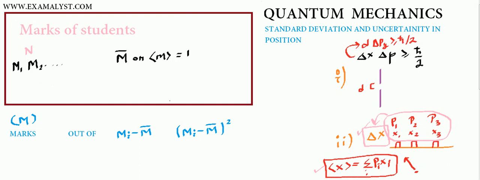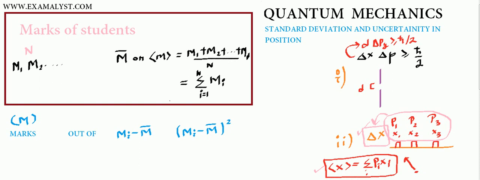You just add all the marks: the mark of student 1 added with the mark of student 2 and so on, till the nth student, since there are n students, and you divide it by n. So you know how to calculate the average. The symbolism is summation over i, where i goes from 1 to n, since there are n students, and you write m i.